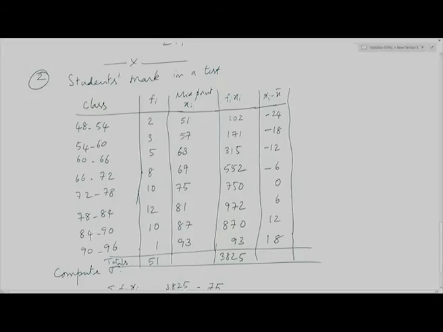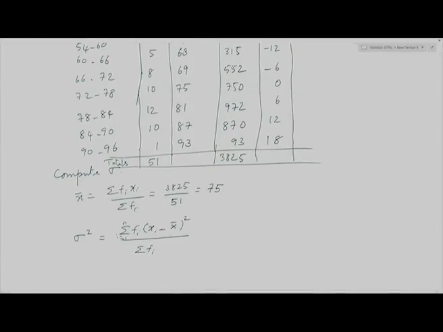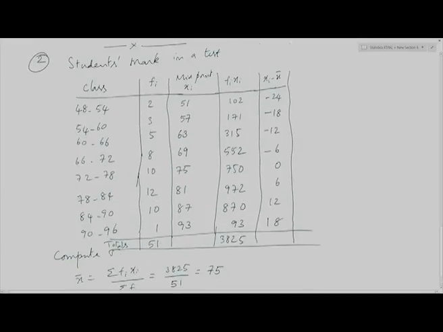Now we have to take the square of this, xi minus x bar square, so that I can take the total of that. I am squaring these numbers: 576, 324, 144, 36, 0, 36, 144 and 324.